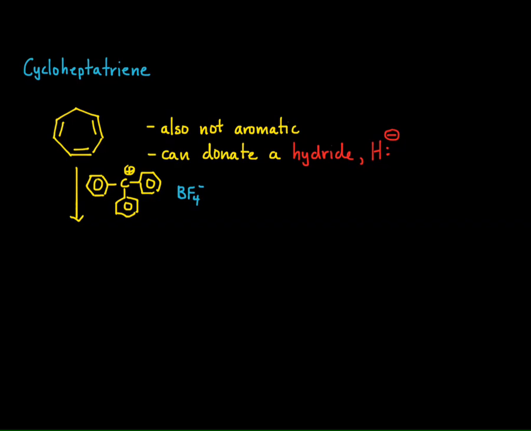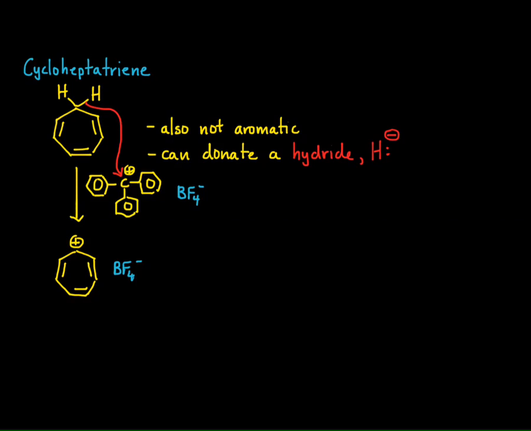So this is triphenylmethyl tetrafluoroborate, and if I highlight the two hydrogens on that sp3 carbon, I can donate a hydride to that carbocation. So I'm taking the electrons and the hydrogen, right, going to that carbocation. The resulting structure is a new carbocation.